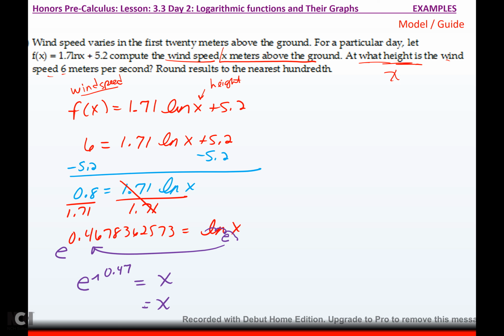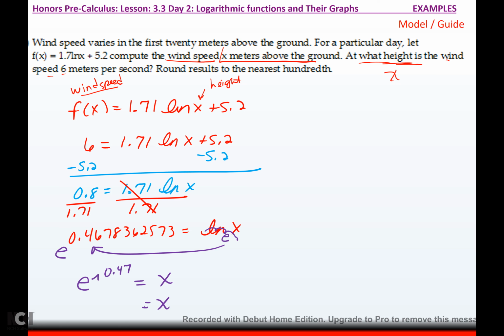So if I type that in, I literally type e, which is second divide, caret 0.47, enter. You know what, I'm not going to round so much. I'm going to do second divide, caret 0.46783625. The less you round, the more accurate your answer is.